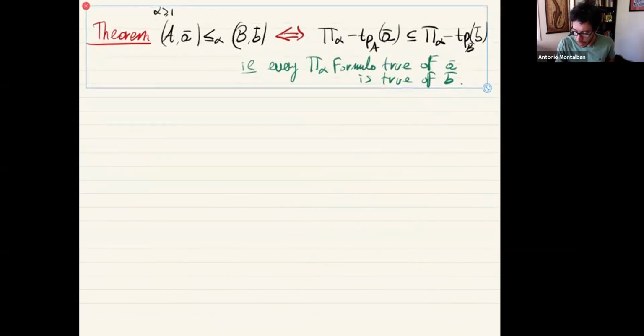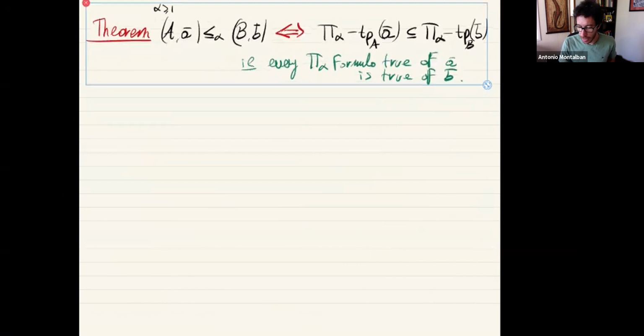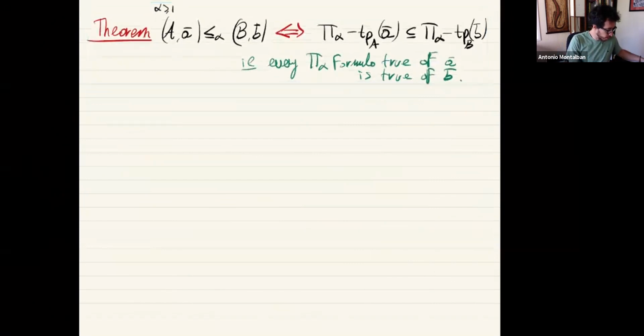Okay, the theorem says, you're given two structures A and B, and the theorem says that A is less than or equal alpha B if and only if every pi alpha formula true about A is true about B.